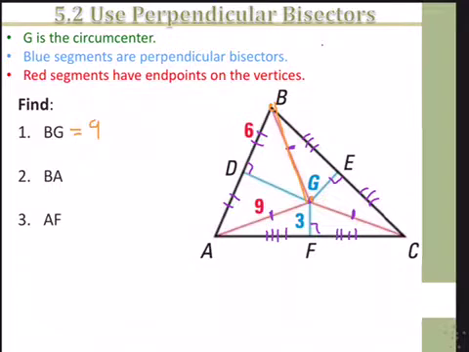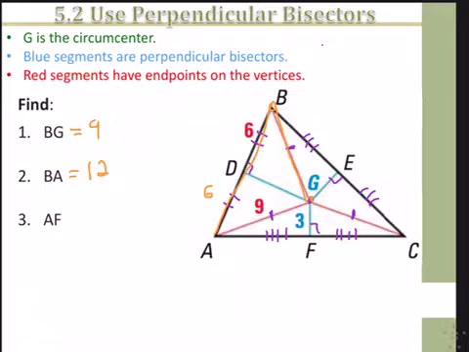Fine. BA, okay, so BA is this guy, which has been perpendicularly bisected into BD and DA, which are congruent to each other. Cool, so I guess that means DA is 6. Cool, I guess that means BA, according to the segment addition postulate, is 6 plus 6, aka 12. Neat.